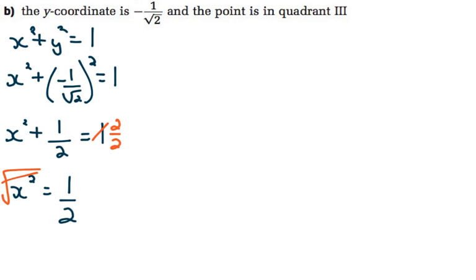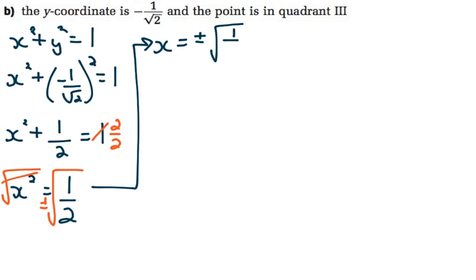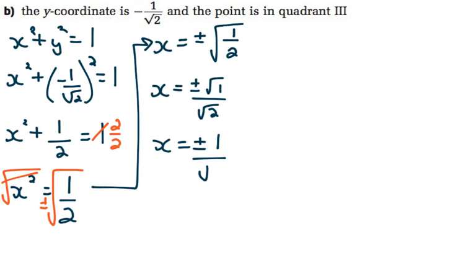We square root both sides, plus or minus with the 1/2. So we have x equals plus or minus square root of 1/2. Again, we need to simplify this, so we'll split that root in 2. In this case, we can take the square root of 1, which is 1, but we can't take the square root of 2.